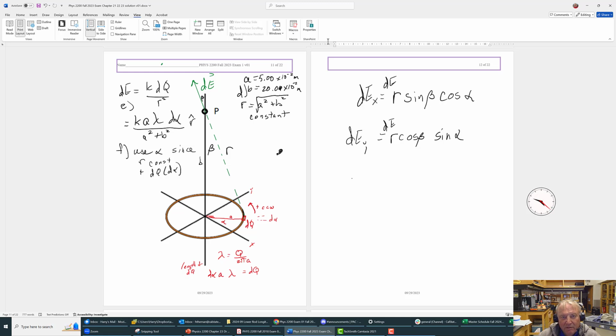So let's see. We look at our dE total over there on the left, and we see we have k lambda a squared plus b squared. They're all constants. And of course, now we notice something here.